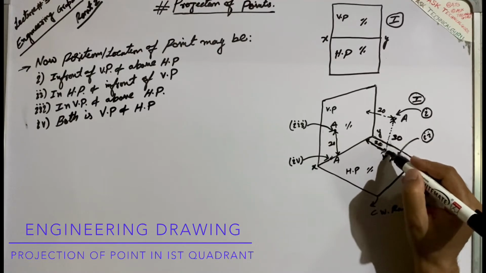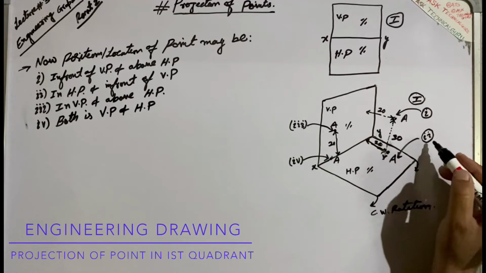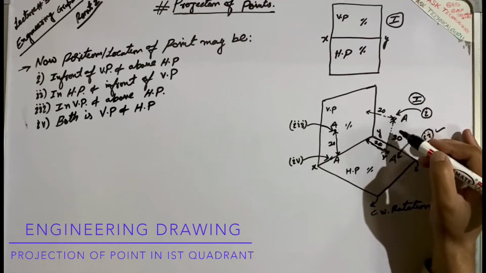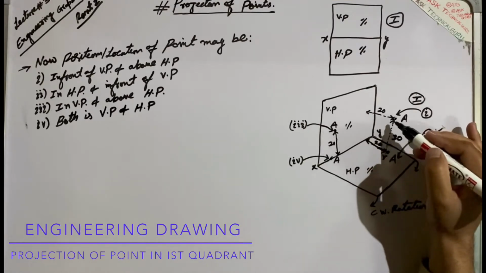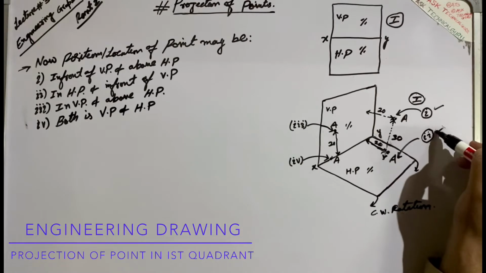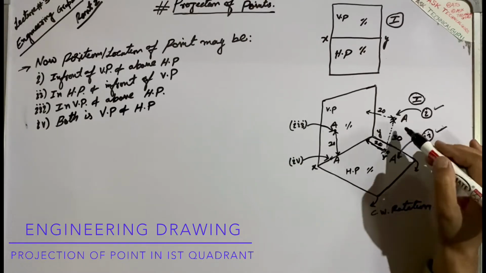It is on the horizontal plane, or we say it is in the horizontal plane. This is condition number second. Condition number first was in front of the vertical plane and above the horizontal plane. Condition number second, the point is here.